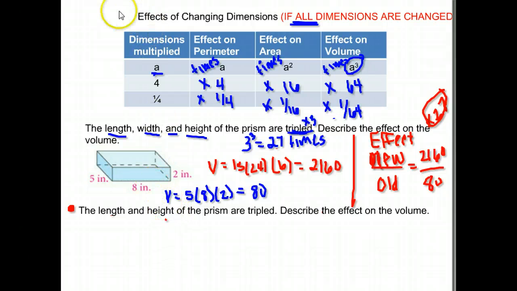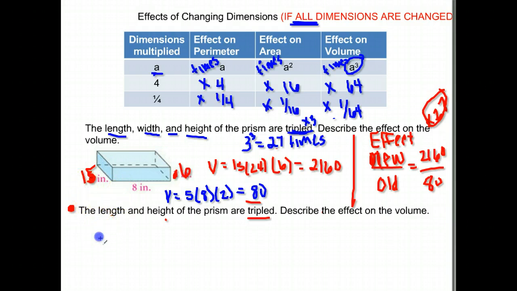The original volume we had right here was 80, 5 times 8 times 2. What happens if we triple the height and the length? So we triple the height here, 2 times 3 gives me a new height of 6, and we triple the length. 3 times 5 gives me a new length of 15.